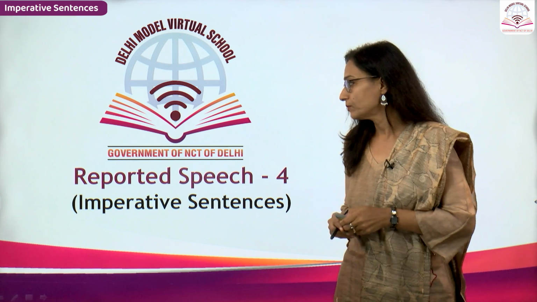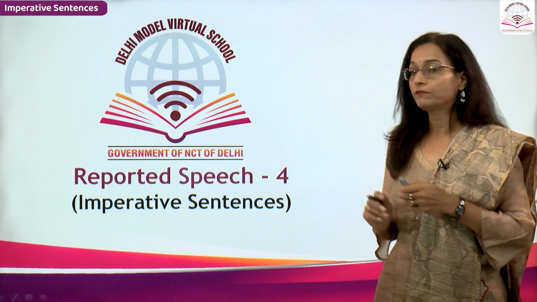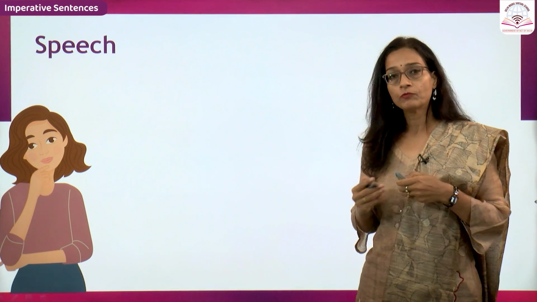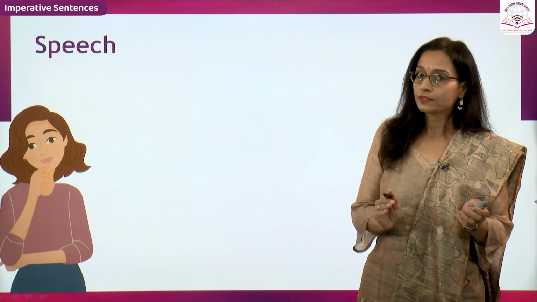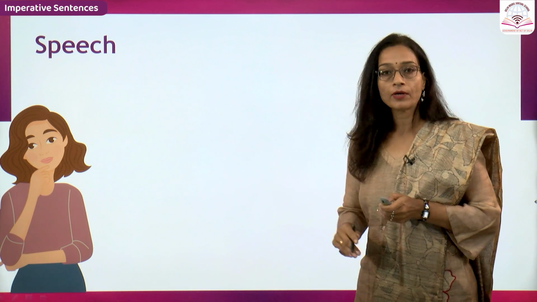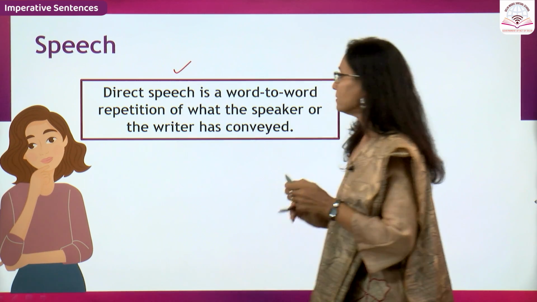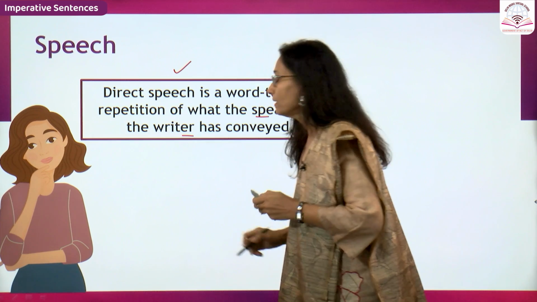Our topic for today is reported speech, and we are going to discuss imperative sentences in our session today. Before we move on with the imperative sentences, let us take a look at what we have discussed till now. We have been talking about speech. Direct speech is a word-to-word repetition of what the speaker or the writer has conveyed.